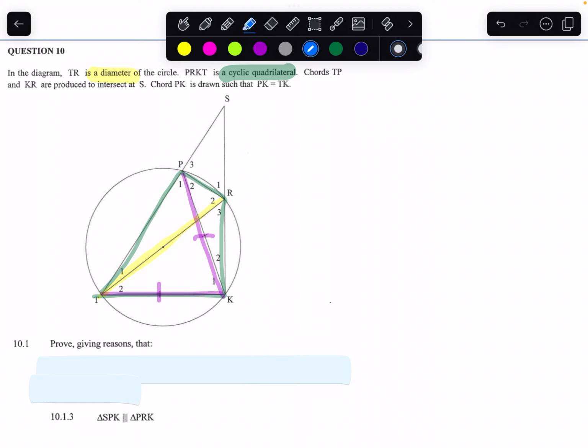Okay, and we have also found out that angle S is equal to angle P2. We also know that this is a 90-degree angle, and so is this guy.